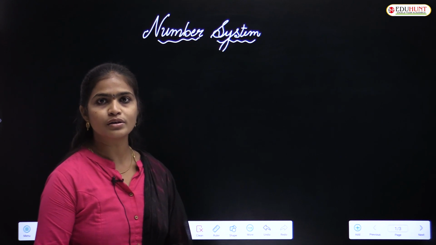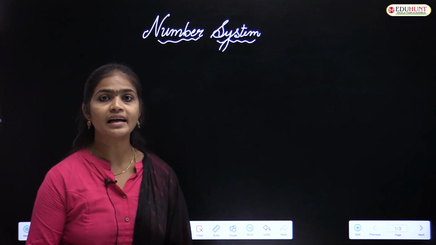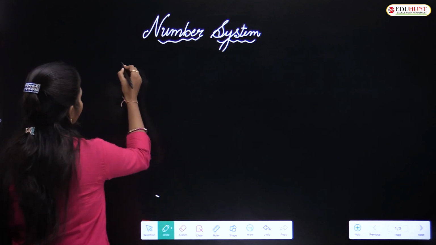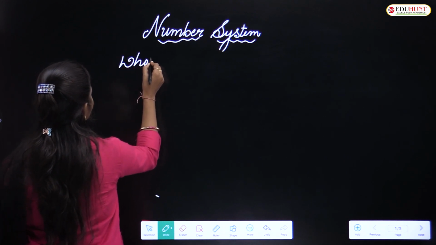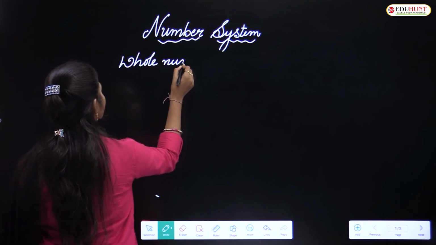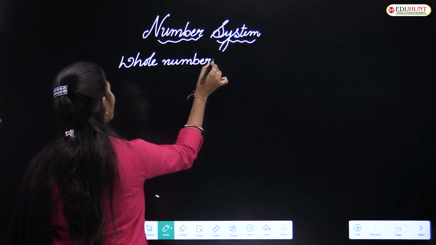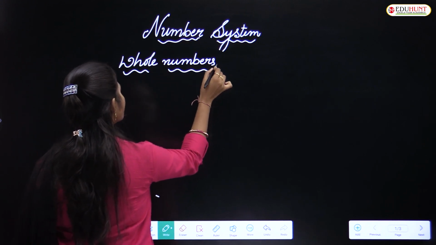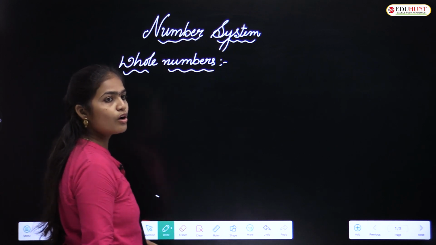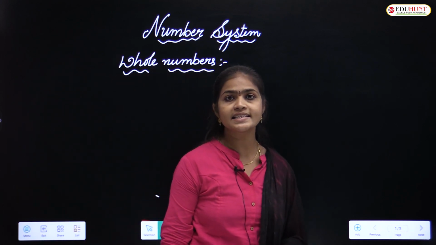Now we are going to discuss another type of number, that is whole numbers. Whole numbers means the set of natural numbers including 0.